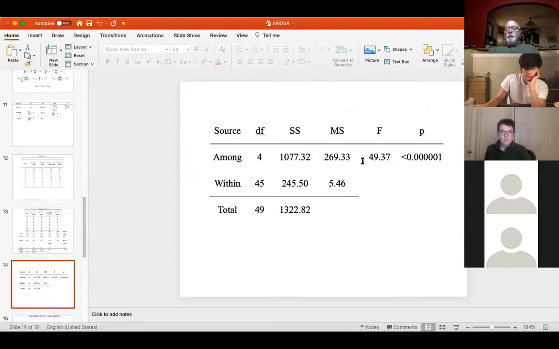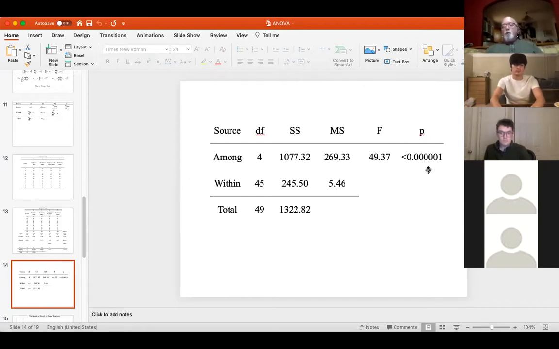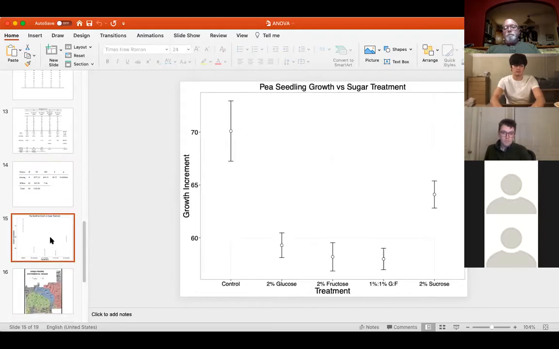And when the F statistic is really large, that usually means that the p-value is small. And that tells you that if you say that two things are different in that data set, your chances of being wrong are really, really low, because they are different. Does that answer your question?